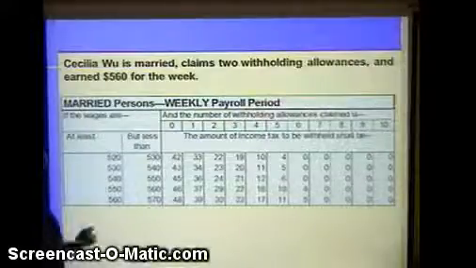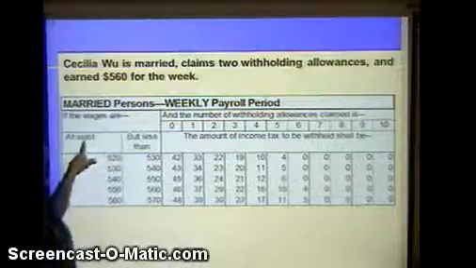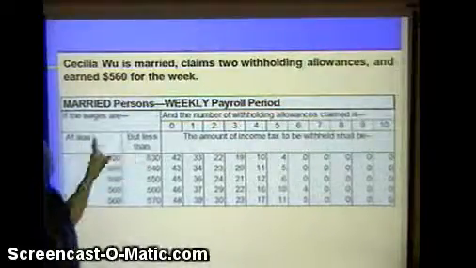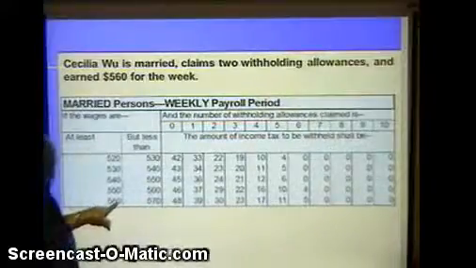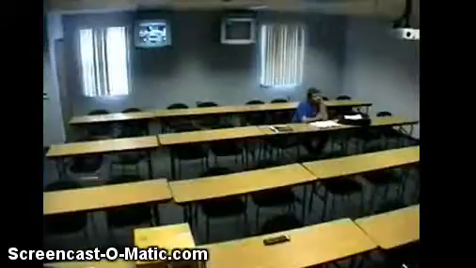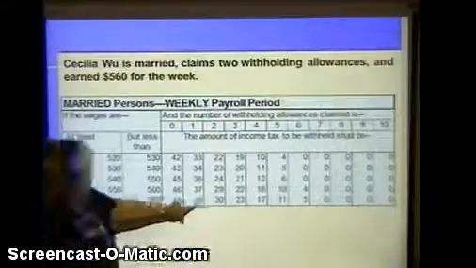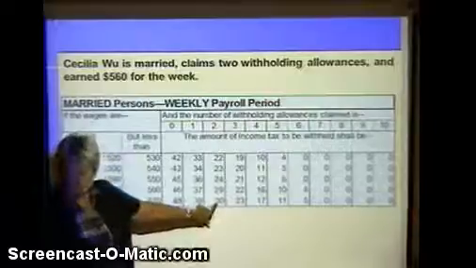Now, the 560 is on there twice, so you have to be careful and look at the wording up here: at least, but less than. So the at least throws you into the next row. She claims 2, so we're going to withhold 30, right?